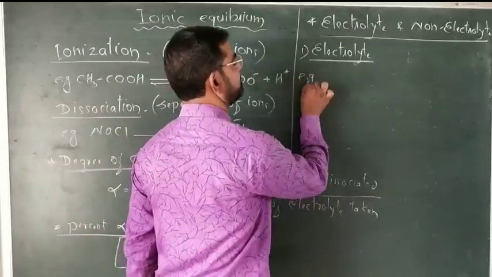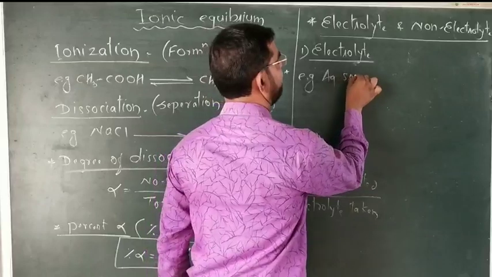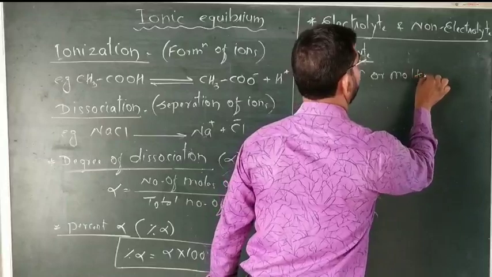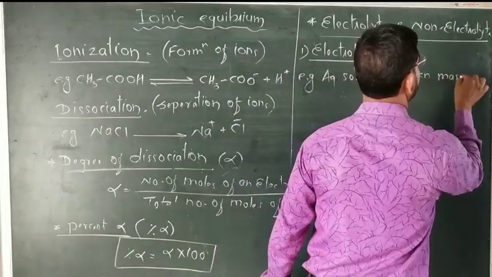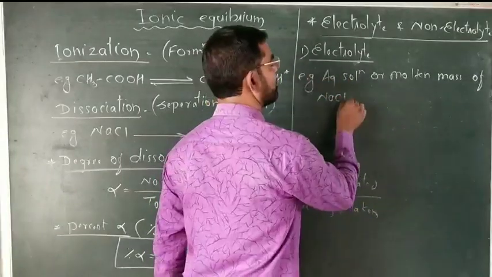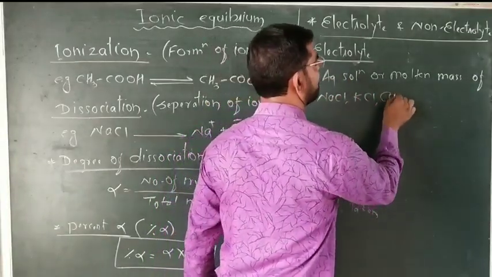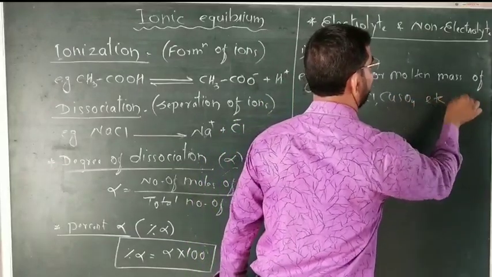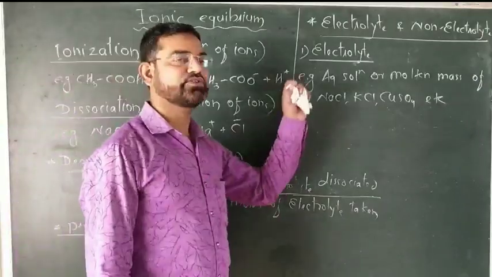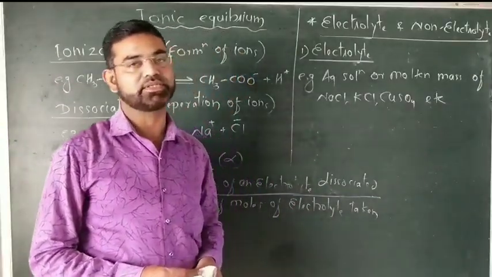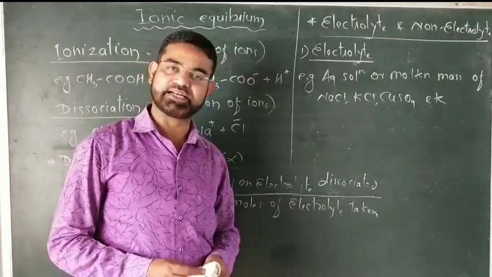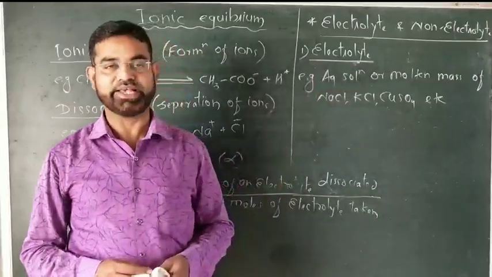Example: aqueous solution or molten mass of NaCl, KCl, copper sulfate, etc. These act as electrolytes.